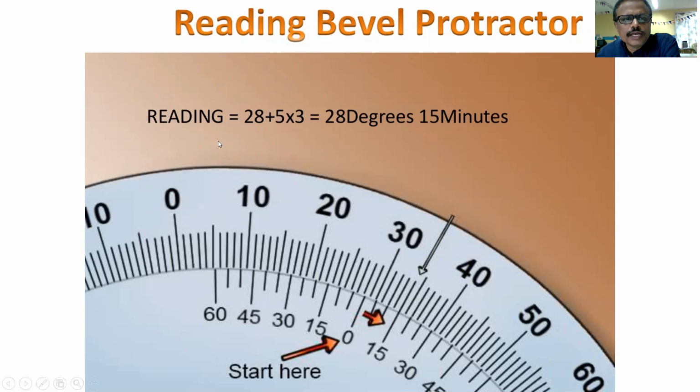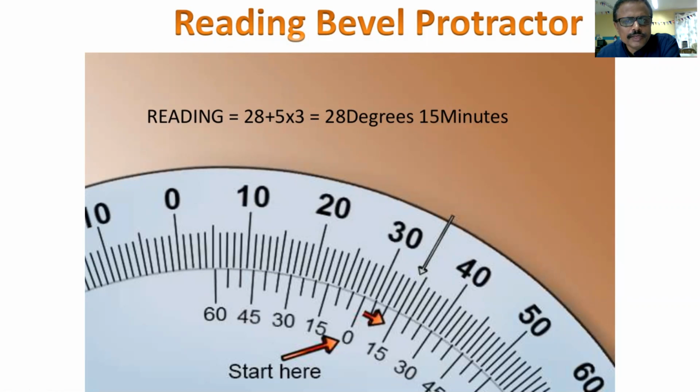So the total reading is main scale reading 28 plus 5 into 3, because each graduation in the vernier scale is 5 minutes, multiplied by the coinciding vernier division. That is the third division is coinciding. So 28 plus 5 into 3, that is 28 degrees and 15 minutes. That is the reading of the bevel protractor.